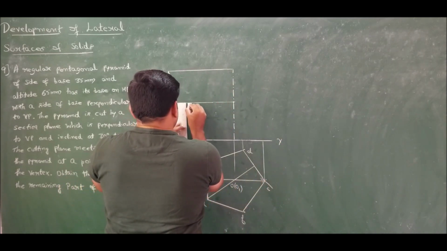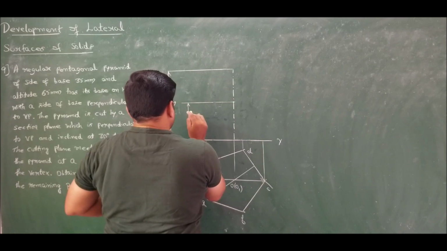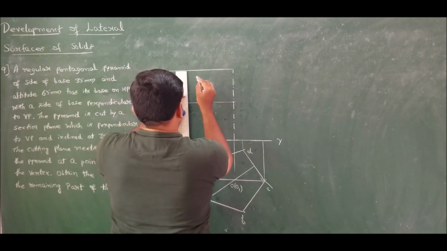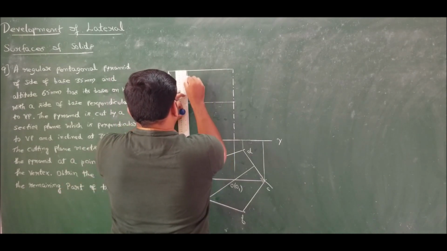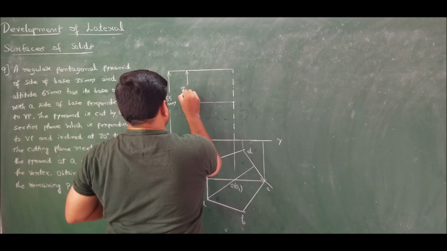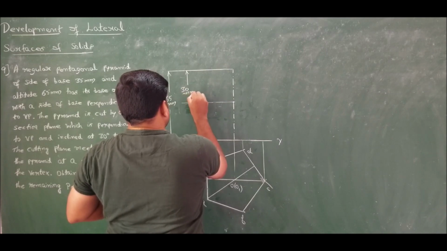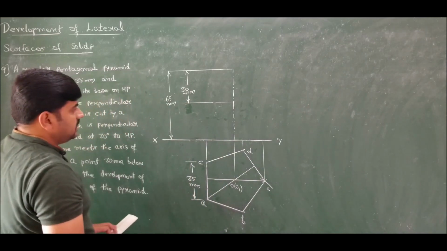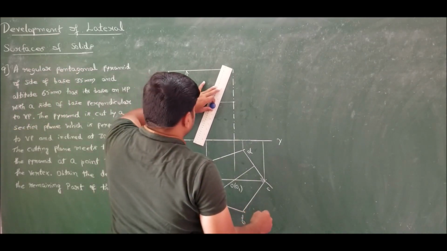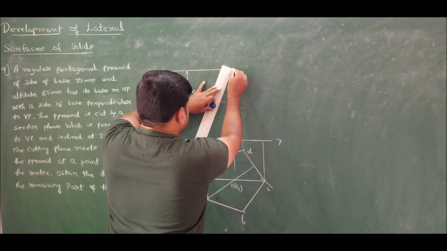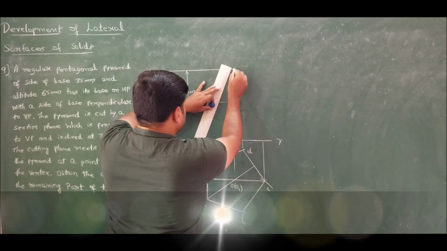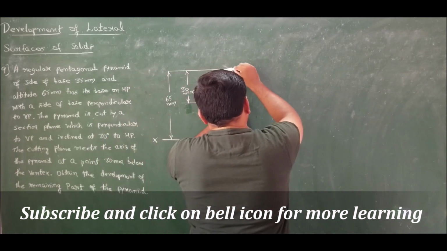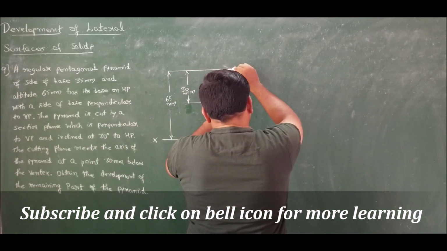This dimension is specified from the top; we have measured 30 millimeters from the top. Done. So now lay down the slant edges.